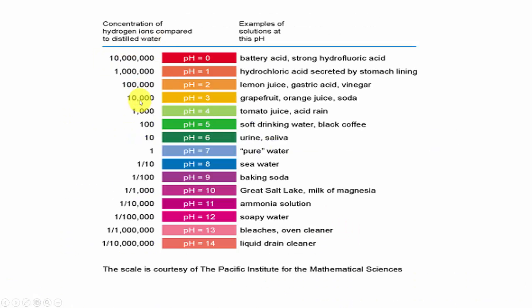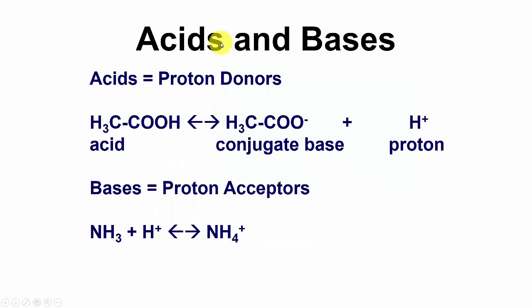So here is a schematic showing you the relative concentration of hydrogen ions compared to distilled water: 10 million, 1 million, 100,000, 10,000, 1,000, 100, 10, and 1 at pH 7. And then the reverse goes into the case of very few protons down here at pH 14.